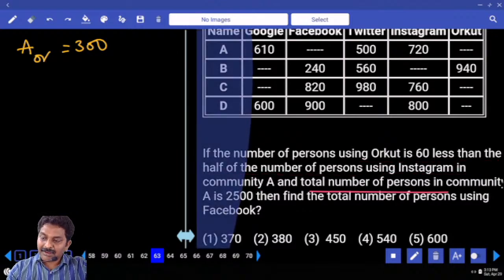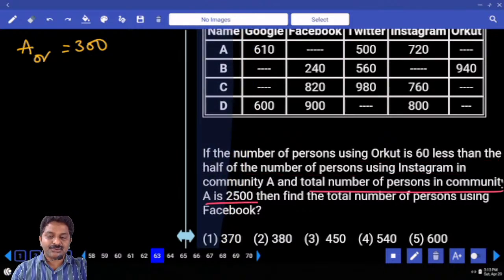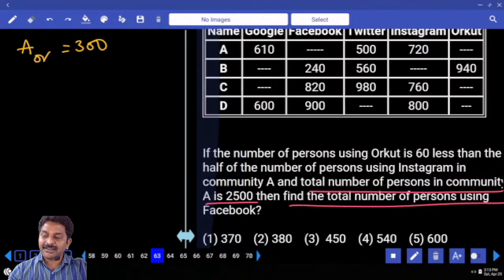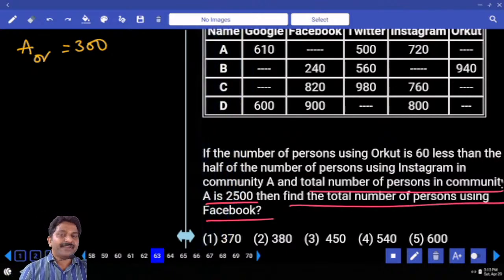Continue. And the total number of persons in community A is 2500. Then find the number of persons using Facebook. A, Facebook, that's what we want, correct?